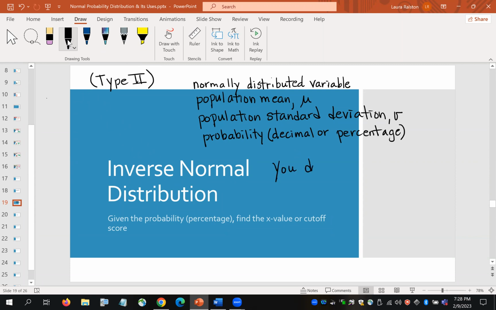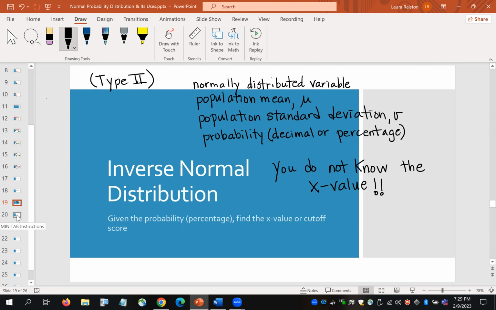You do not know the X value. That's what you're looking for. So the phrasing of the question is going to help determine which type of problem you have, which affects your choices in Minitab.